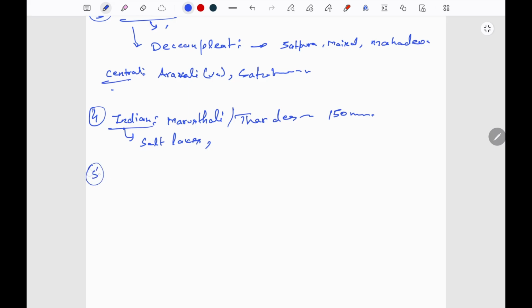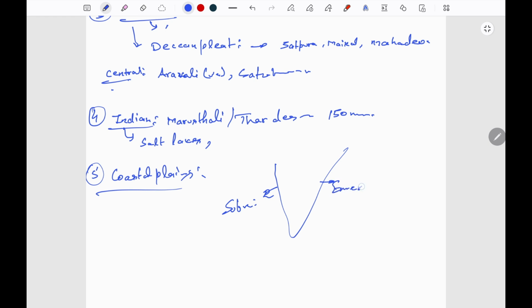Next is coastal plains. The coastal plain can be divided into two types, that is western coastal plain and eastern coastal plain. This is submergent type of coastal plain. This is emergent type of coastal plain. Here the continental shelf is broader, and here the continental shelf is narrower.